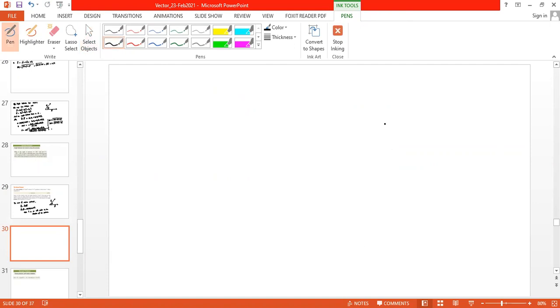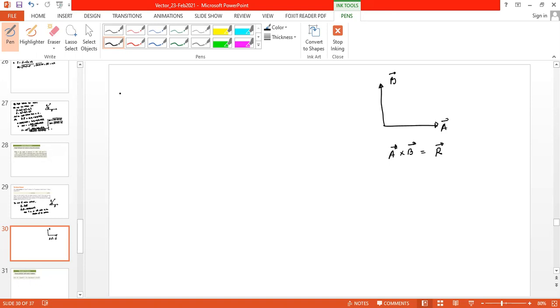One is A and the other vector is B. Then I want to multiply A with B, A cross B, and the resultant is R. R is a vector. What should be the direction of the vector R? The direction of the vector R will be perpendicular to both A and B. Right? For the time being, it's okay.